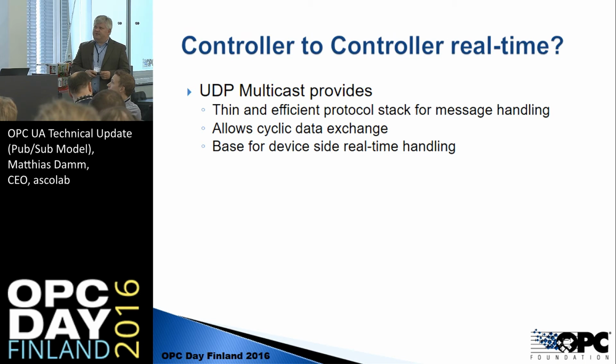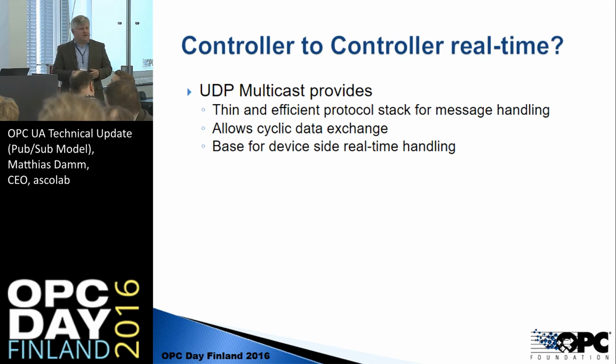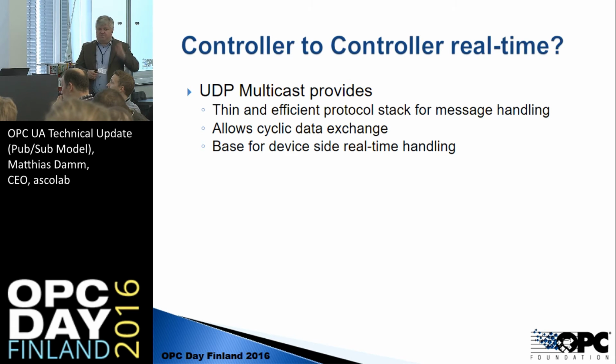For the controller-to-controller communication case, we have the requirement for real-time communication. The problem you have to solve first is making the system itself real-time capable. That means the OPC UA part of the communication needs to be real-time capable and efficient.